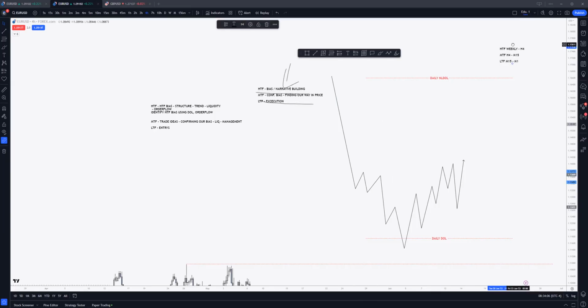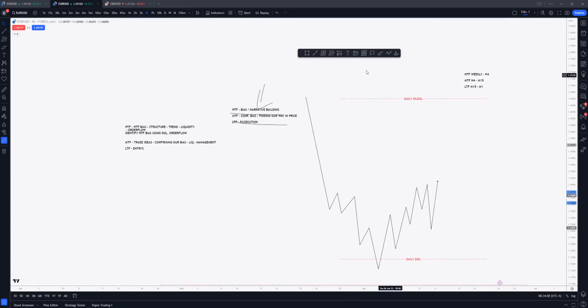So this is generally how I shape things up, okay? I can have HTF as my H4, then MTF as my M15 and LTF as my M1, or I can have a daily higher time frame, H4 and M15. So any sort of mix of these that gives you the most clarity in the markets, okay?